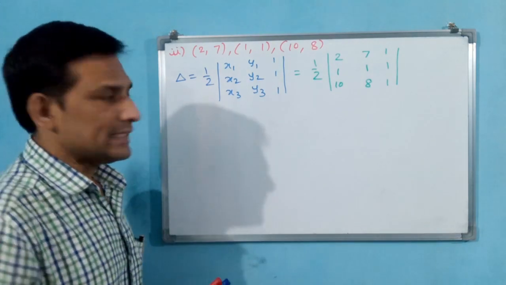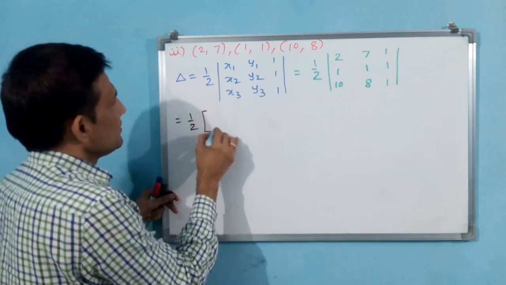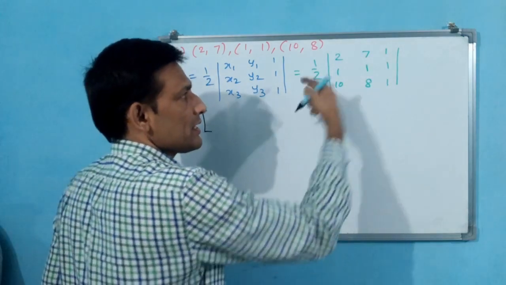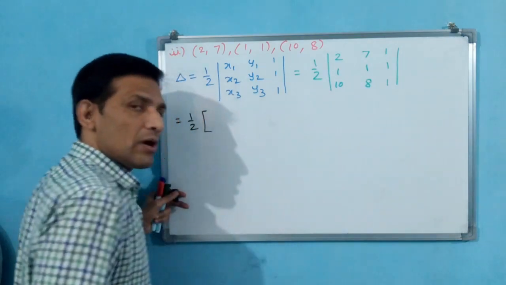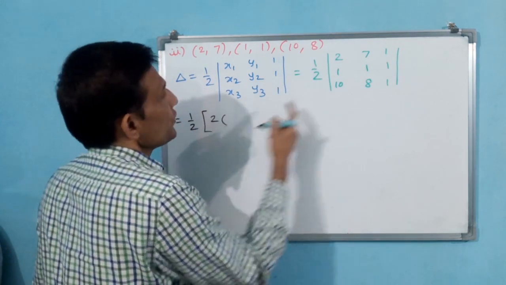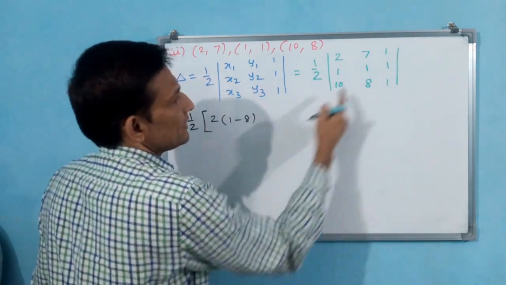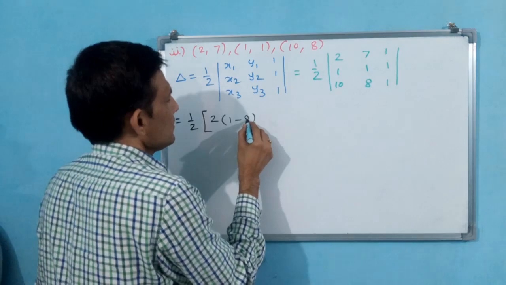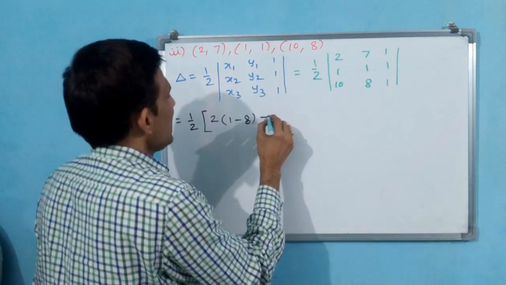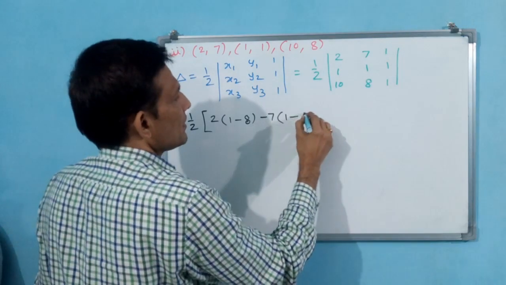Now expand this. That is equal to half into. Okay. Now you see no zeros are there. Anyway, fully you have to expand. Then I am expanding by R1. 2 into 1 minus 8. Minus 7 into 1 minus 10.